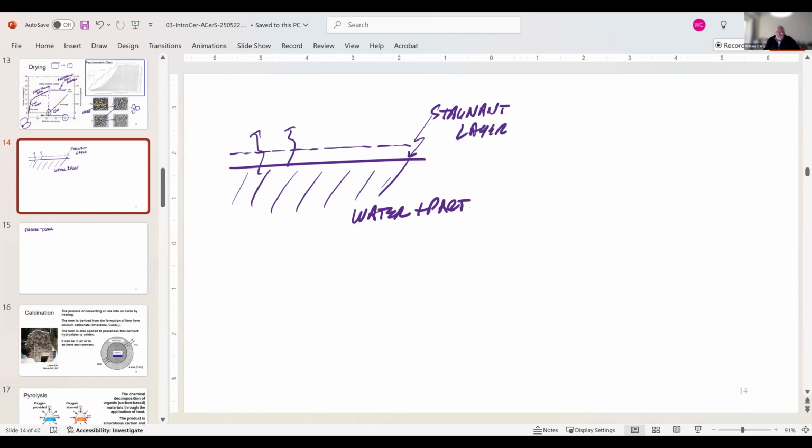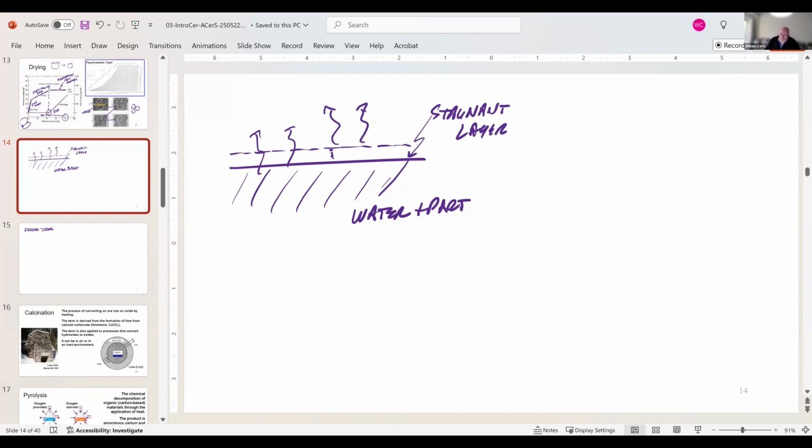That stagnant layer slows down the rate at which evaporation occurs. So I'm actually getting my free surface evaporation from here, but I have to diffuse through this layer to get to that point. So to speed up drying, the tendency is to use heat, and we'll talk about heat in a second. Heat is a problem for us.